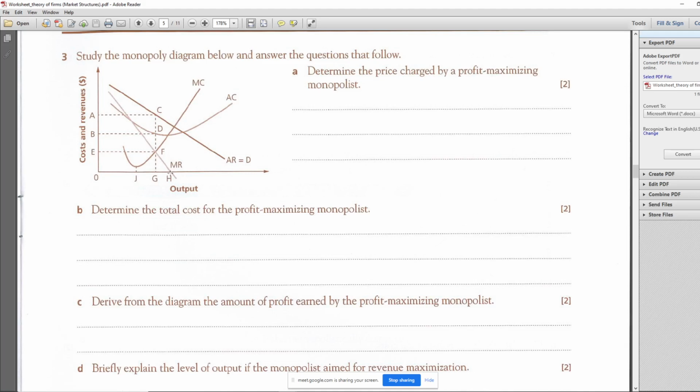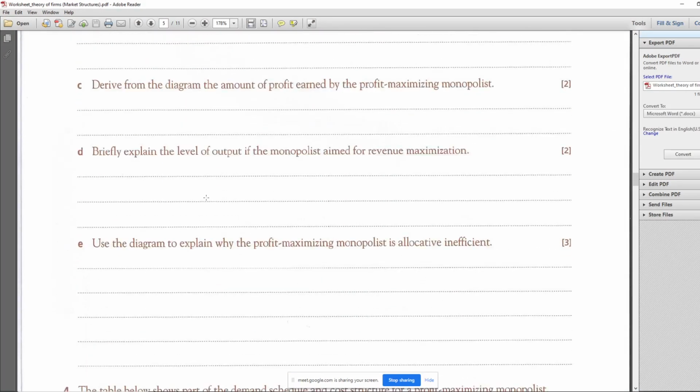Your price is going to be somewhere here, between A and B. So that's D.